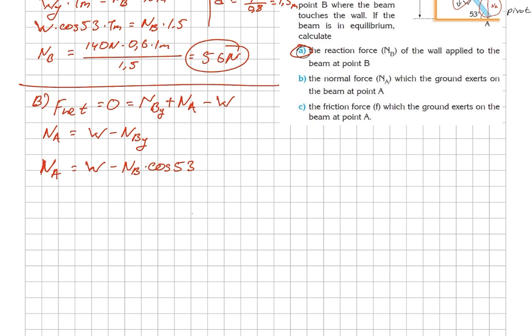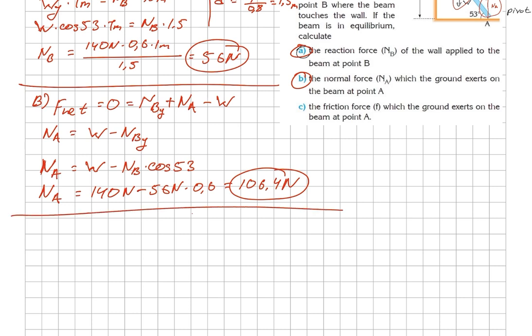So NA will be equal to 140 newtons minus 56 newtons times 0.6. Let me calculate it. Minus 56 times 0.6. It will be equal to 106.4 newtons of force. This is for B.